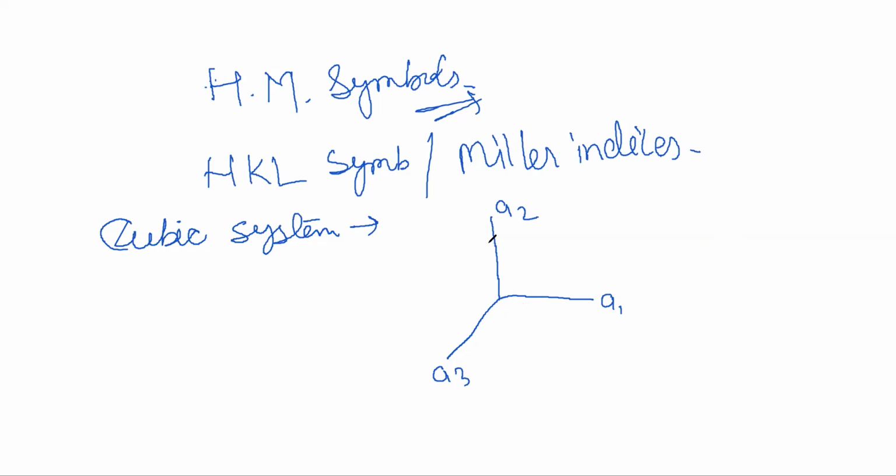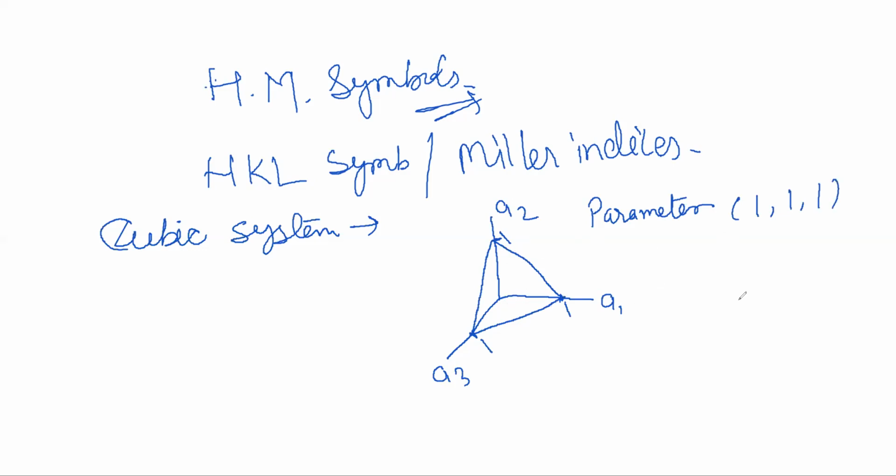So in this, suppose there is a plane which is lying like this. Let's suppose this is at equal intervals. This is at 1 unit. This is also at 1 unit. This is also at 1 unit. So these are the parameters, not perimeter, parameters. So the parameters here will be 1, 1 and 1, triple 1.